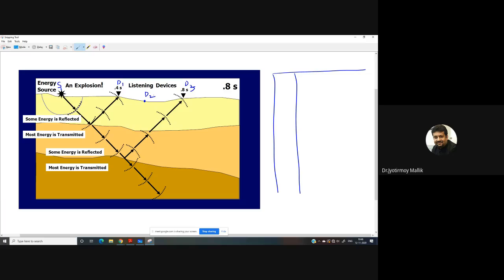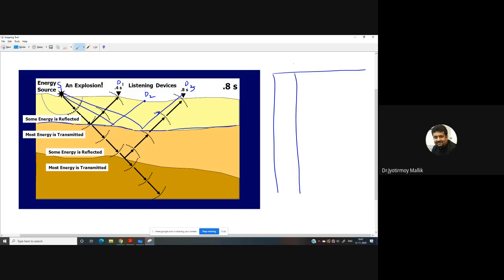Okay. So now let us say I have another wave coming up here. Now I am just trying to target this particular interface.